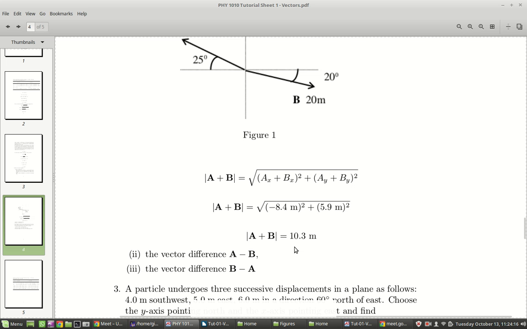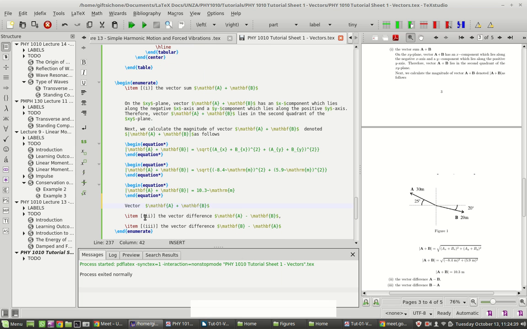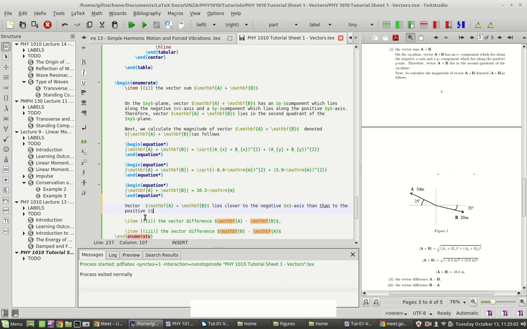Now, vector A plus B lies closer to the negative x-axis than to the positive x-axis. Remember, you always measure angles from an x-axis, either from the positive x-axis or from the negative x-axis. When you're using the angle theta, you're measuring from the positive x-axis.